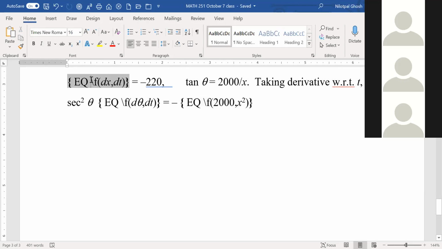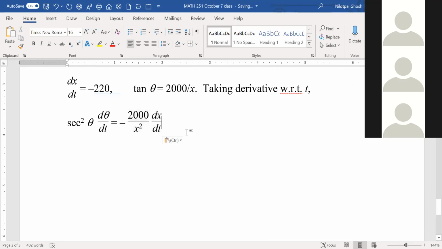So the derivative of 2000 over x is negative 2000 over x square, the derivative of this with respect to x, times the derivative of x with respect to time, dx dt. Right?